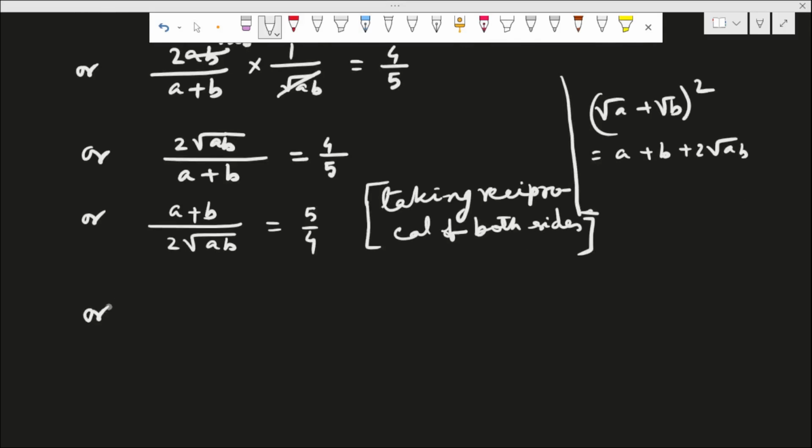Now see, using componendo and dividendo right here.